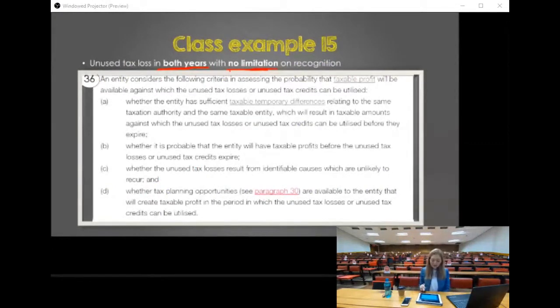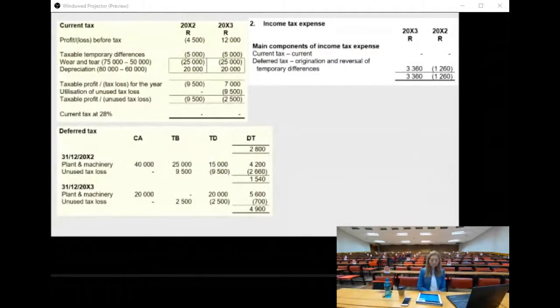So we'll see in class example 15, if we look at our current tax calc, first of all, we now see that we have tax losses for both years, for 20X2 and for 20X3.